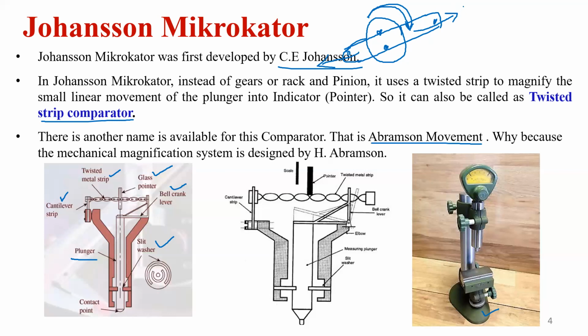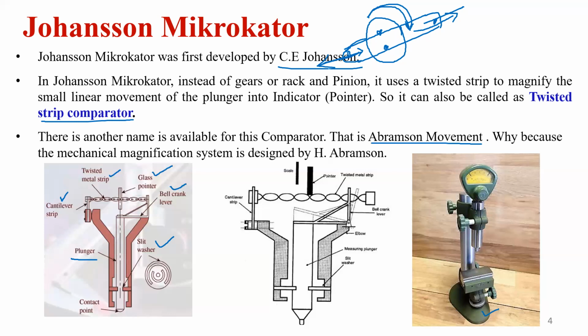If we push the thread in, the speed of the button decreases, because the thread will wind up and the speed of the button will decrease. So on this principle, the microcator works.